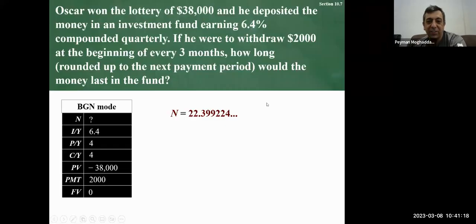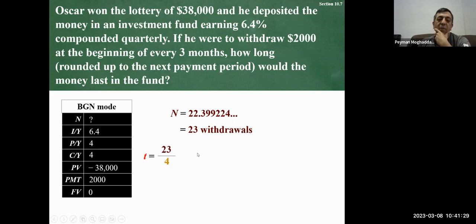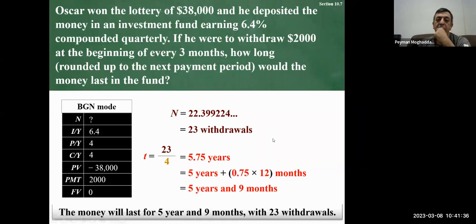Thank you for catching this one. So 22.39 means 23 withdrawals. Now you have to divide it by 4 to get the number of years, 5.75 years. And 0.75 years you have to convert to months, which is 9 months.